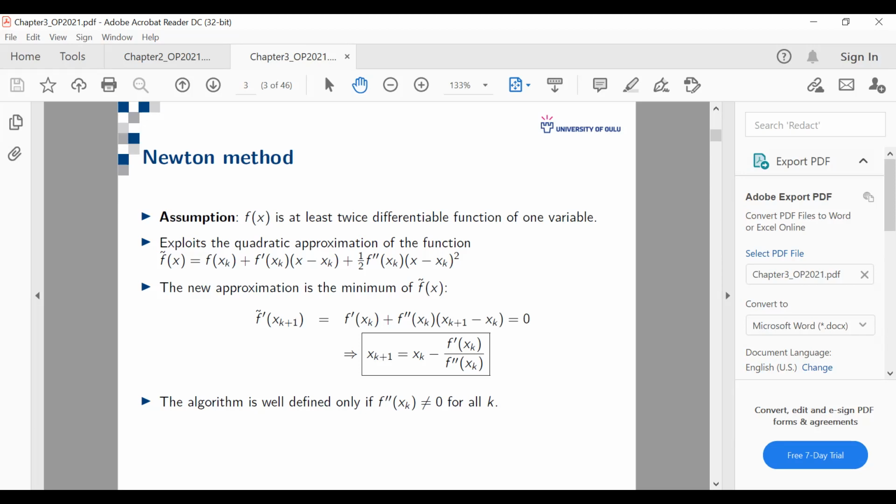The computation of the derivatives, first order and second order derivative, might be quite difficult. But if you can compute it, this is very fast. It finds the step length in the 1D minimization very fast.